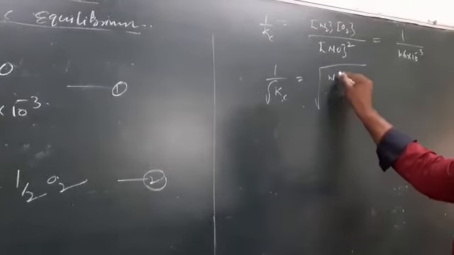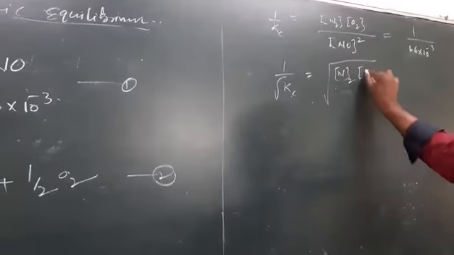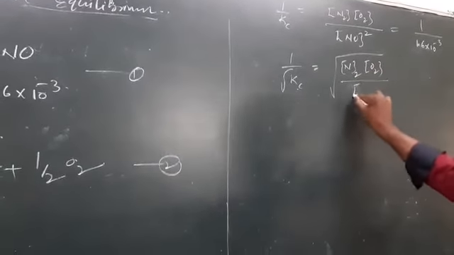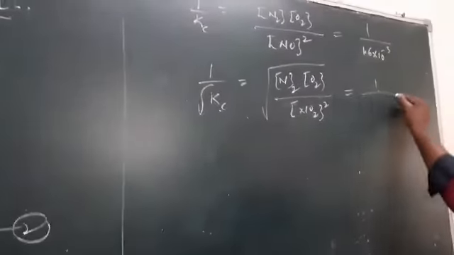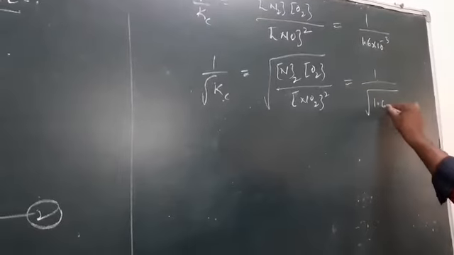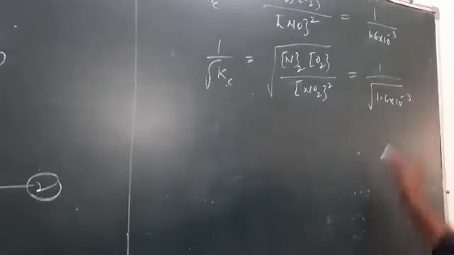Root of concentration of N2 and O2 by concentration of NO square equals 1 by under root of 1.6 into 10 power minus 3.